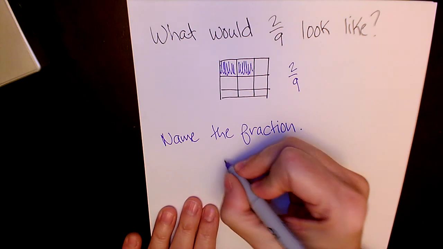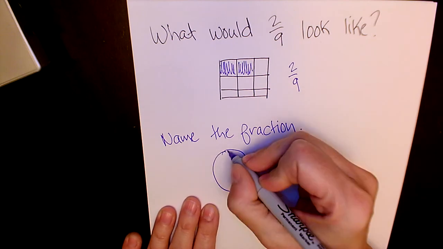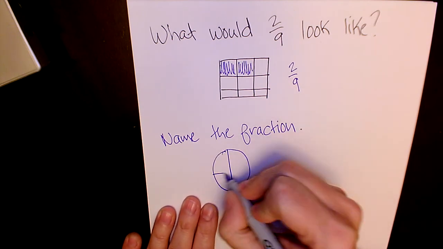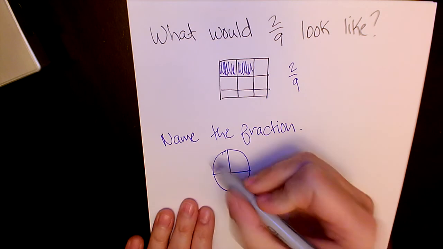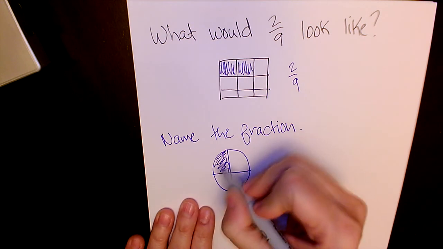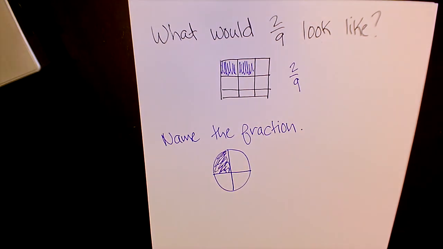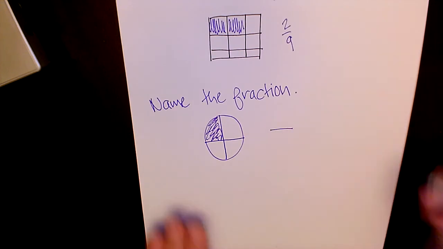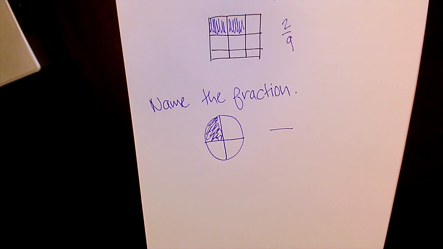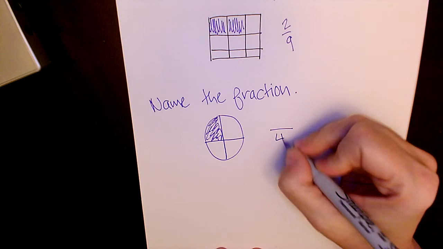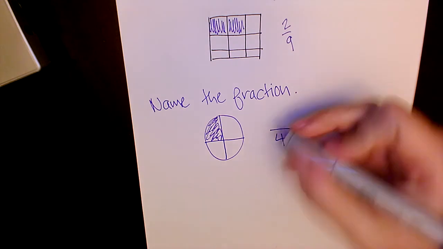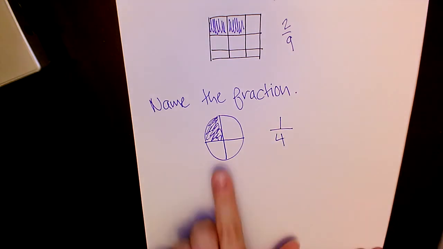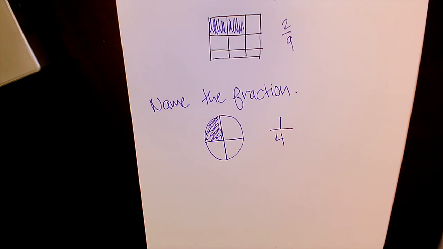Okay? And again, I'm doing my best to draw these. Okay, what fraction would that be? So remember, it's a over b, numerator over denominator. How many total pieces? I've got 4. How many are shaded? 1. So this is a picture of 1/4.